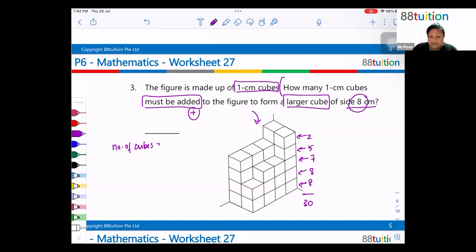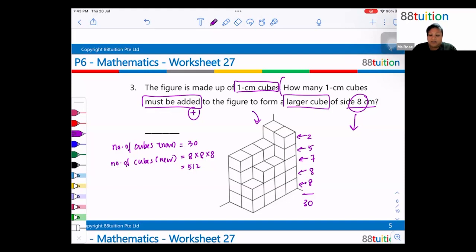Now, you want a cube of side 8 cm. So the number of cubes now is 30. The number of cubes for the new one is 8 cm by 8 cm by 8 cm to give me 512 cubes.